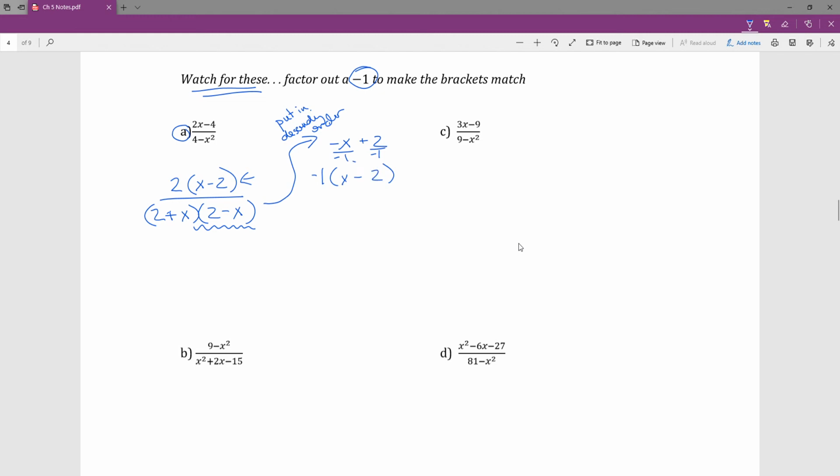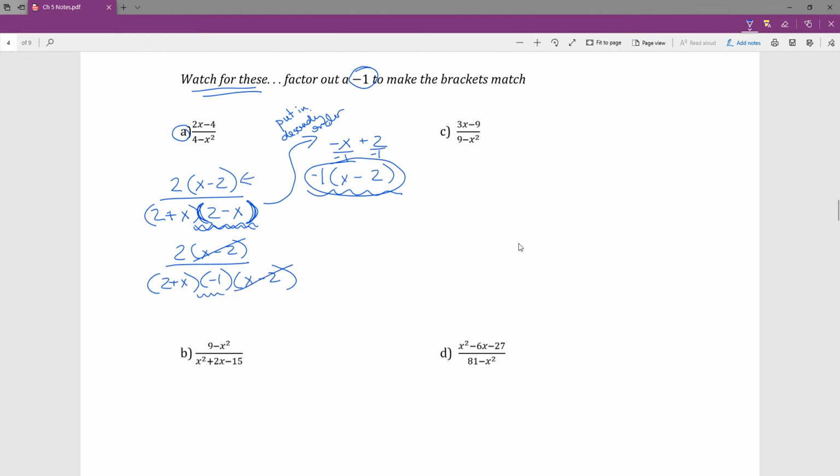So I'm going to take this and replace this bracket that I was monkeying with, because now I have engineered it so that I do have brackets that match. I'm just replacing this bracket with all my work from over here. So I'd have a -1 and I'd have an x minus 2. So now you can see what is exactly the same. Now we could cross these out. The only difference is that I have this -1 here.